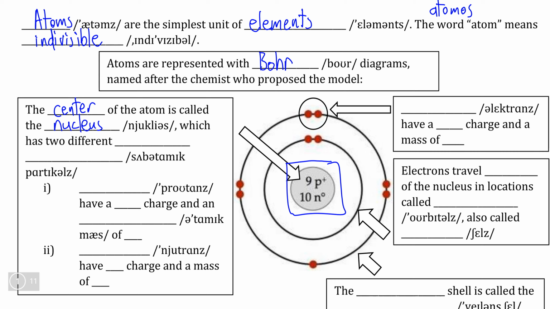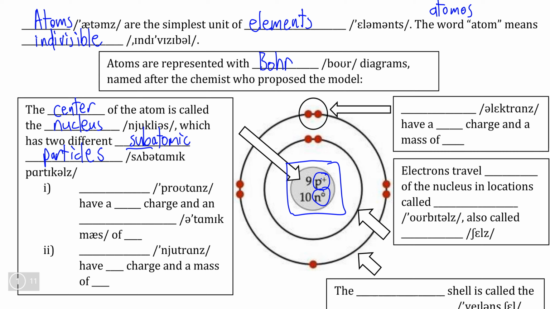Now, if we were to look inside the nucleus, we would find that it actually is made of two different smaller components that we call subatomic particles. So subatomic is a word that means smaller. Sub means under, so smaller than the atom, and a particle is just a very, very, very small substance.